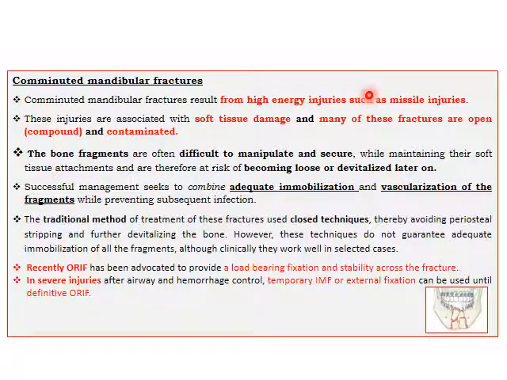In severe injuries after airway and hemorrhage control، تتذكرون هاي من الأساسيات اللي أخذناها بالمحاضرة الأولية، إنه نسيطر على الايروي والهيموريج.